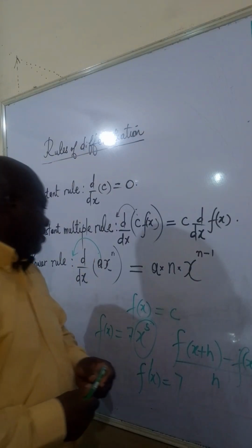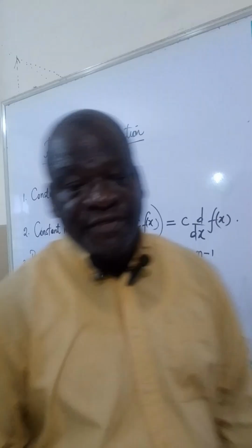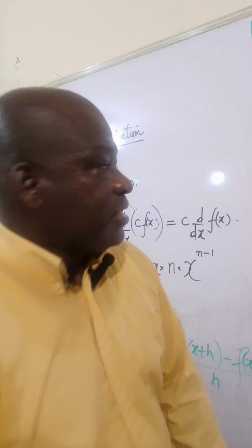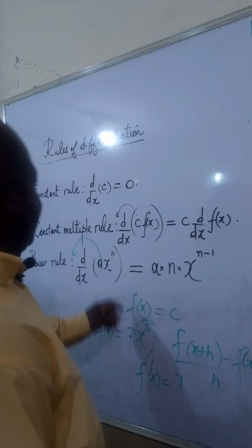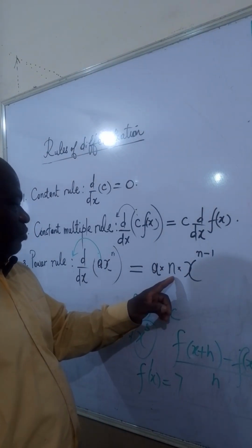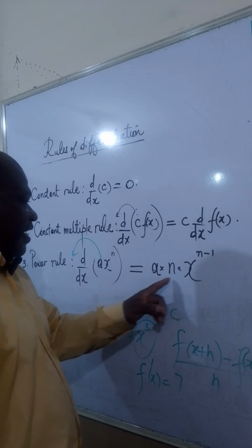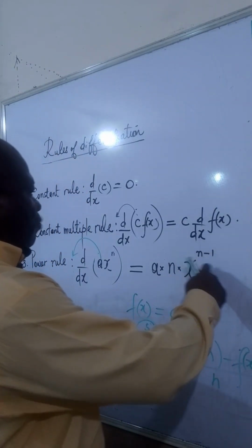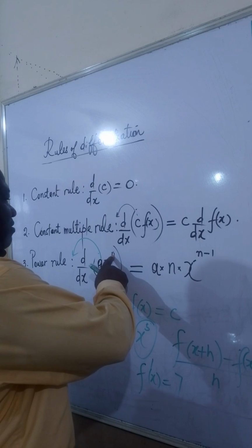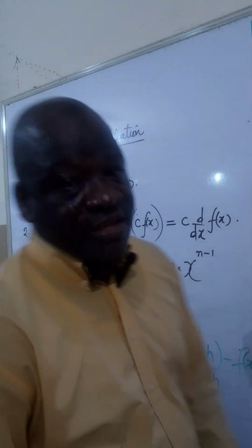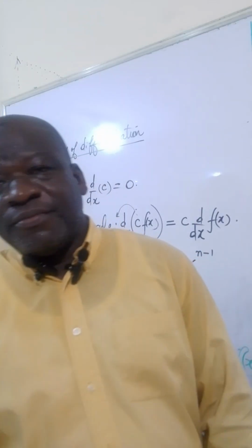We now have a times the differentiation of x^n. So how do you get that differentiation? You bring down the power and multiply by the coefficient, times the variable x raised to power n minus 1. Then reduce your power by 1. Here we have power n, reduce by 1 to get power n minus 1. So this is how we can differentiate power form.